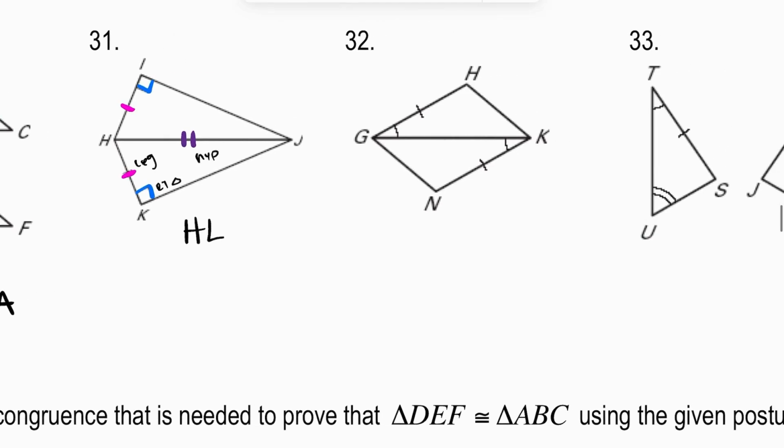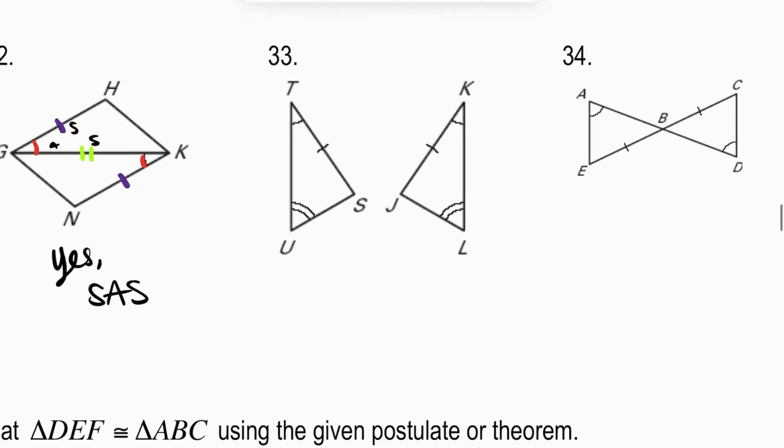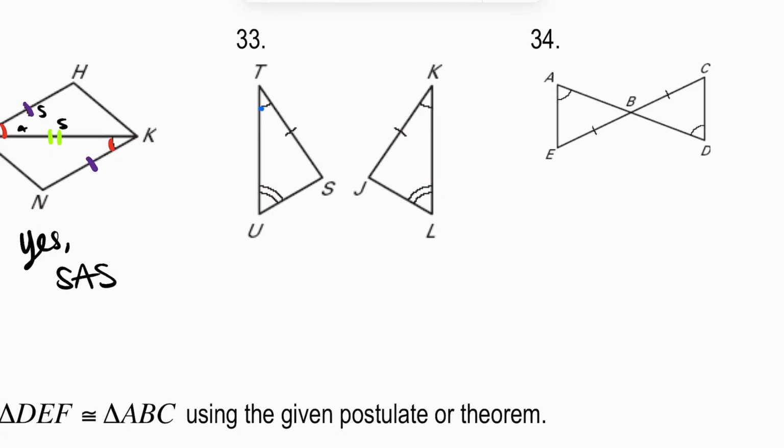32, we have an angle and an angle, side over here and a side over here, and then we have a reflexive side in between. So we have side, angle, side. 33, angle and an angle, a side and a side, and another angle.